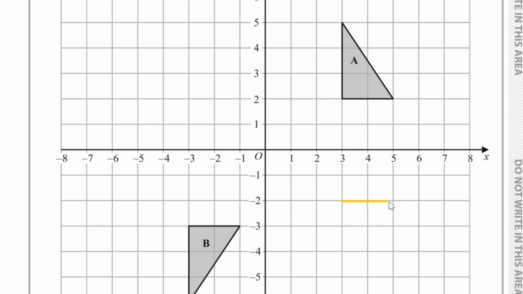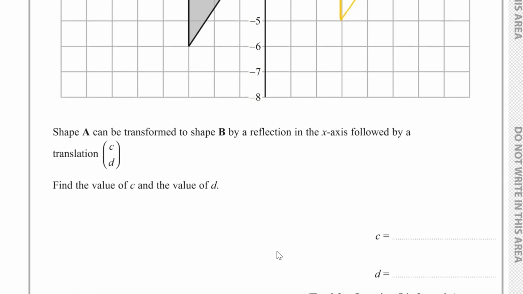we have a length here and also another length here. Okay, so here let's call this shape A dash, and then to go from A dash to B, if we consider this point, the corresponding point is over here, we would have to go 1, 2, 3, 4, 5, 6 units to the left.